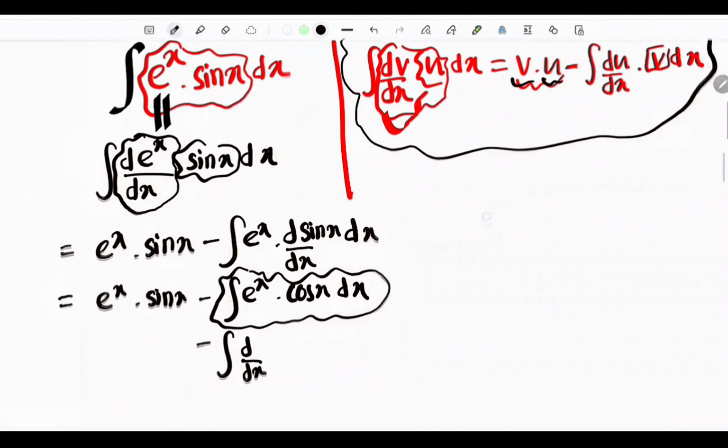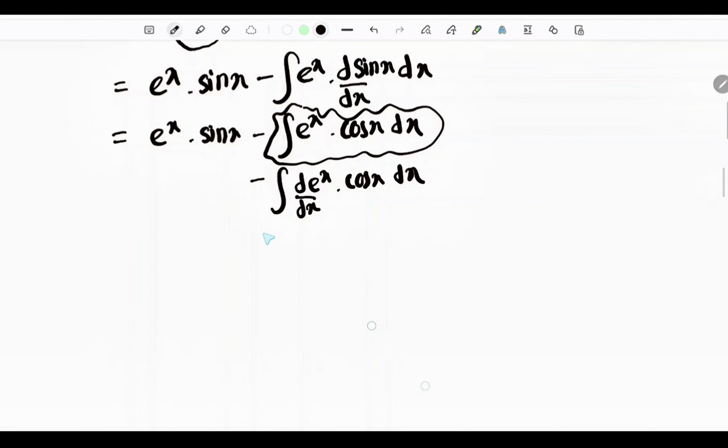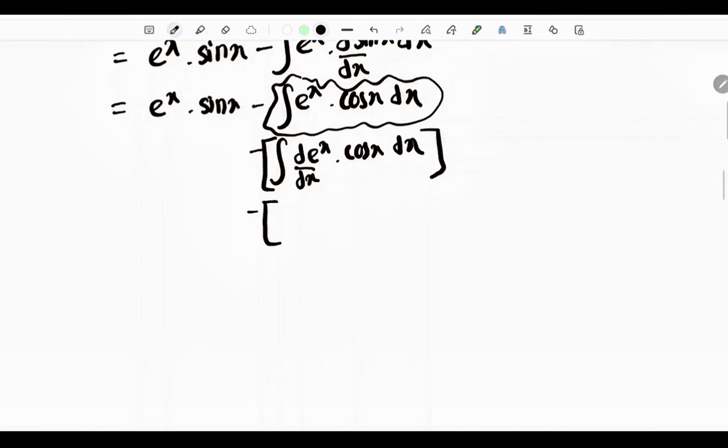For the e^x, we can write the differentiation of e^x again, and we can keep cos x outside, right? So for this term, we can use integration by parts.